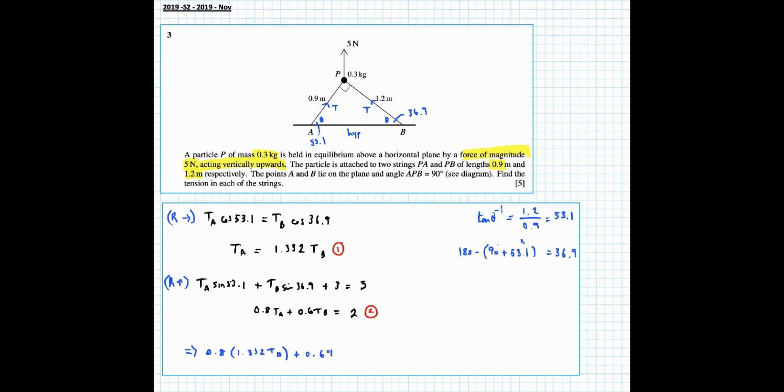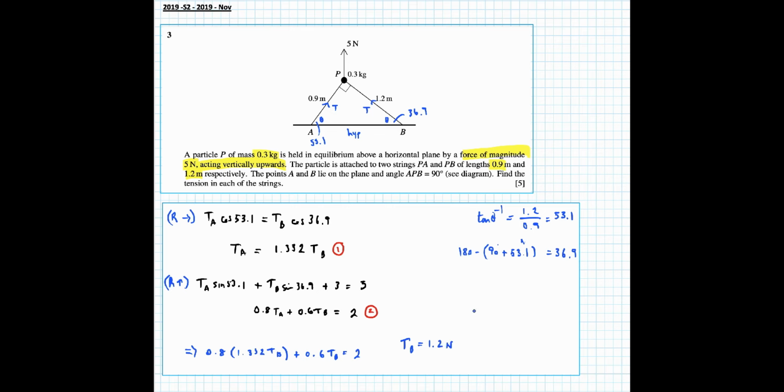And once you simplify that down, you should be able to get them. So let me just see it, 1.6656 T is equal to 2, so you just divide both sides by that, and you get nice round numbers as well. So TB we get first there. So 1.6656 TB is equal to 2, so TB equals 1.2 newtons.